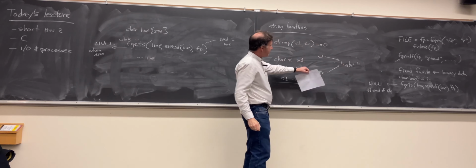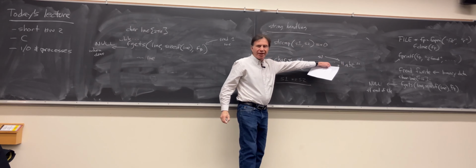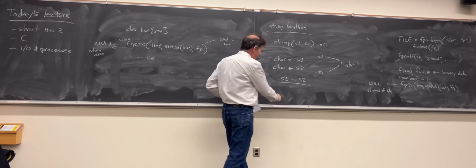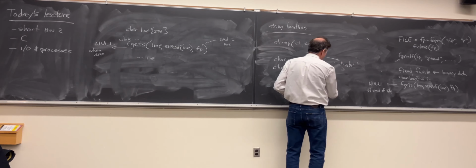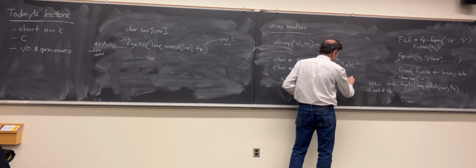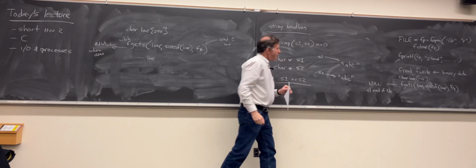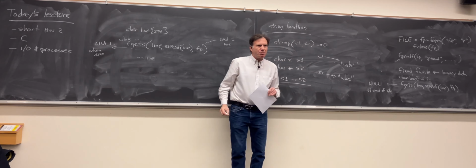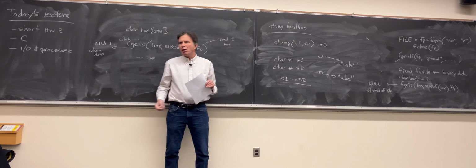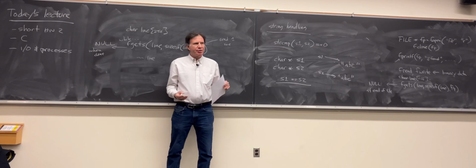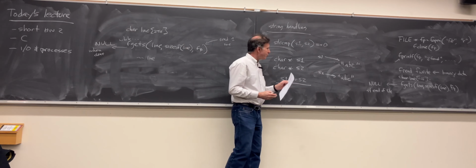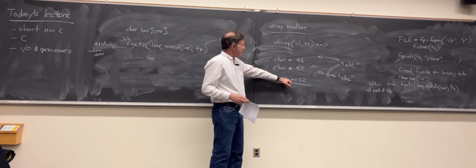In this case, if they're both pointing at the same string in memory, it'll be fine. But if they're pointing to strings that are equal but not the same, two different locations in memory that each contain the same string, then this is going to return false.